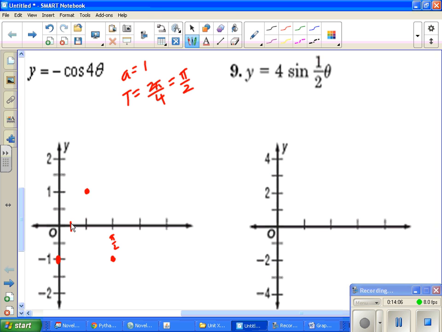Halfway through that, I'm crossing through the center here, okay? Well, halfway between, pi over 2, this would be pi over 4. And that's going to be pi over 8, 3 pi over 8. So let's just connect the dots. All right, so this is really smushed together here.